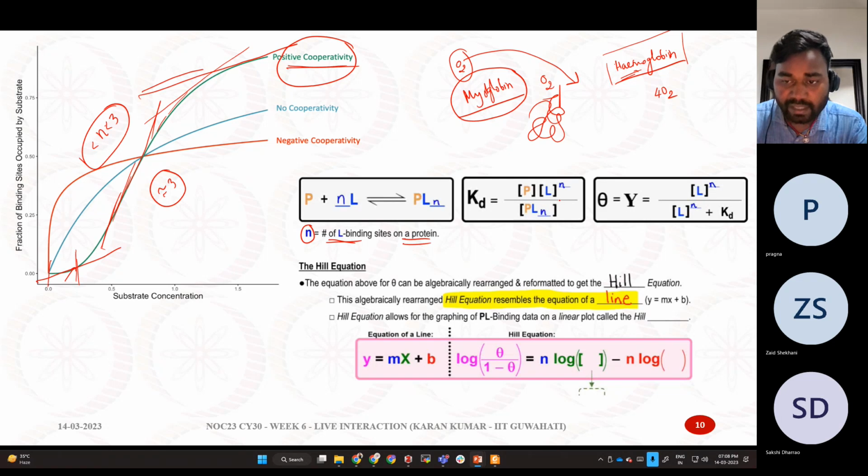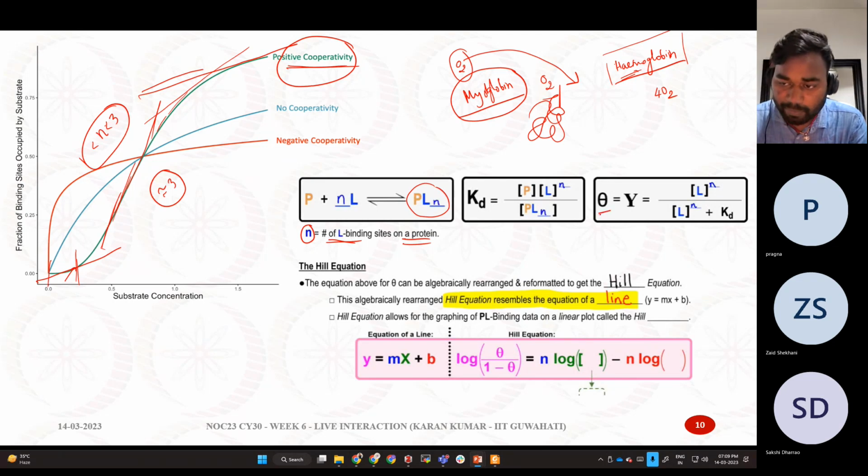When you are writing a dissociation constant, an equilibrium constant, the protein and ligand are the products and the bound form is the reactant, right? So the Kd will be the concentration of protein times the concentration of ligand, meaning oxygen, to the power n, divided by the bound form of protein.